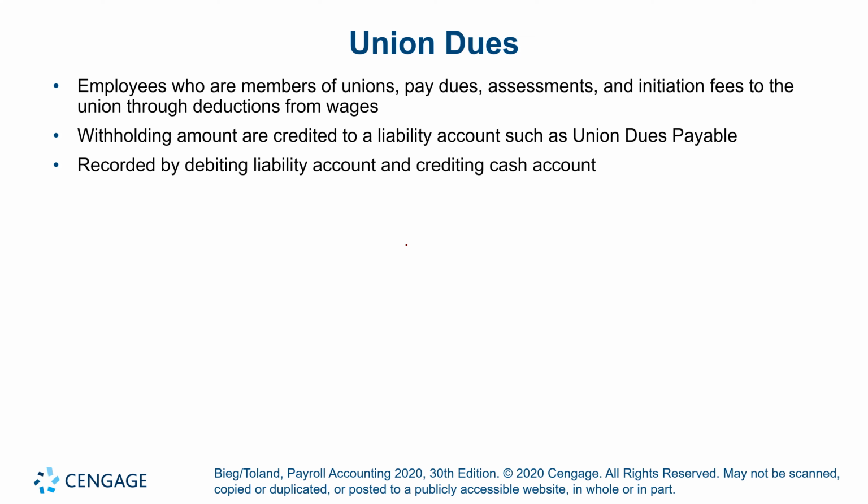So I don't know, I think this would be a little bit, maybe if we said record payment, like when we pay the union hall or whatever, right? Because initially the debit would be to wage expense or salary and wage expense. We would credit union dues payable. And then once we paid it, we would debit union dues payable, credit cash.